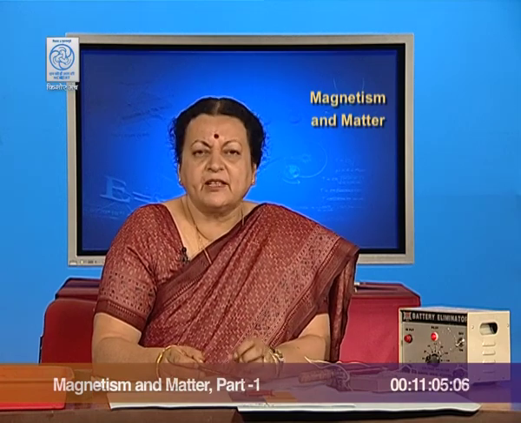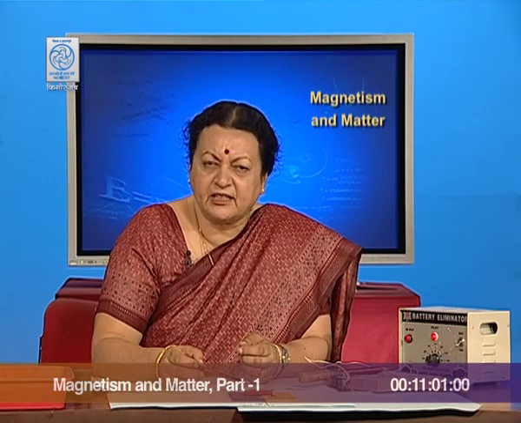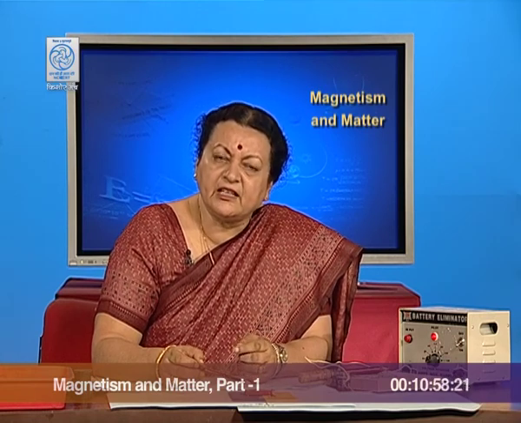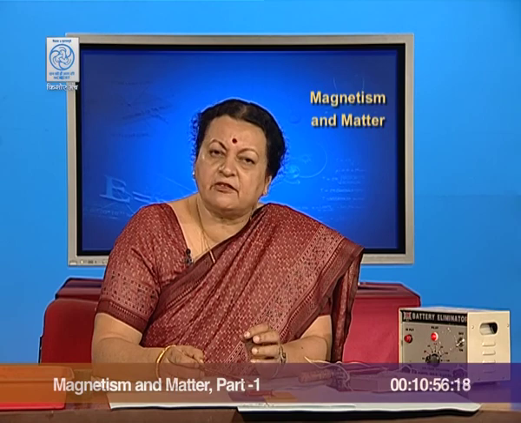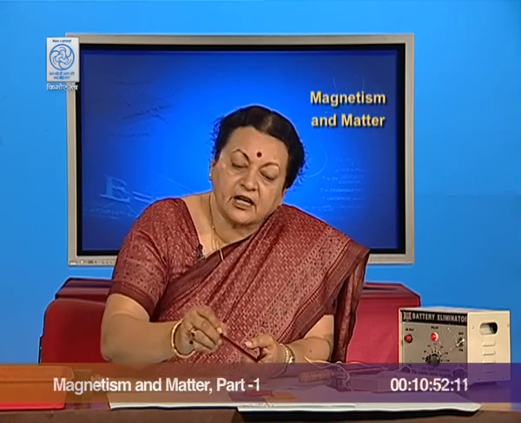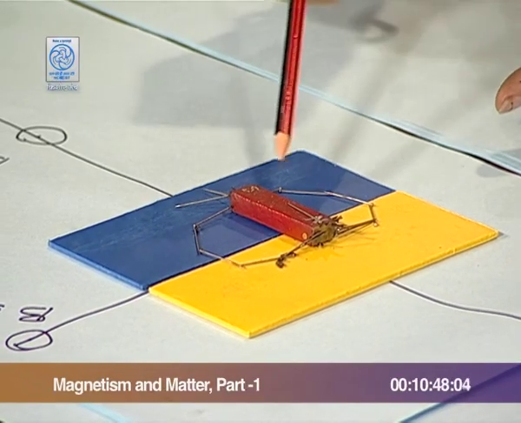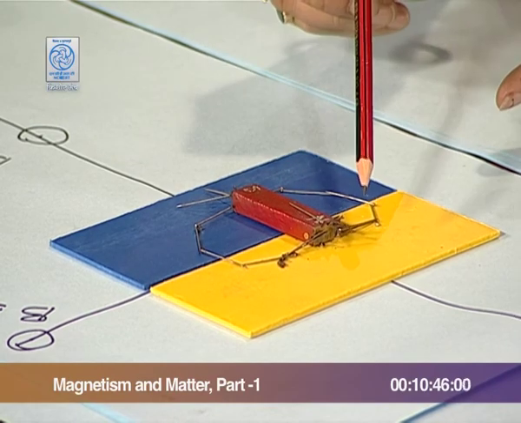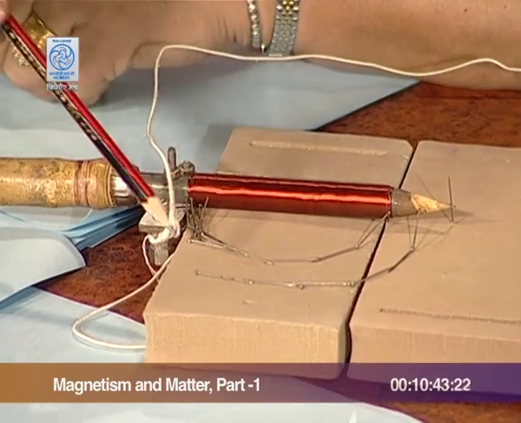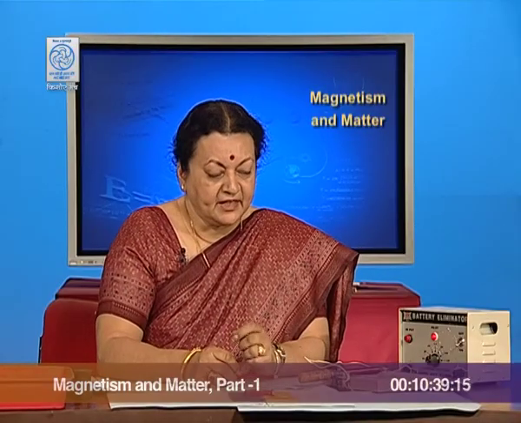You must know that the electric field lines and the magnetic field lines are different. In the case of an electric field, the field lines originate from the positive charge and end at the negative. In this case, they are continuous loops. So, the field appears to be within the setup, within the magnet, within this solenoid, and is different from an electric field.